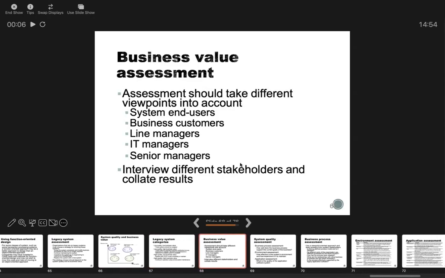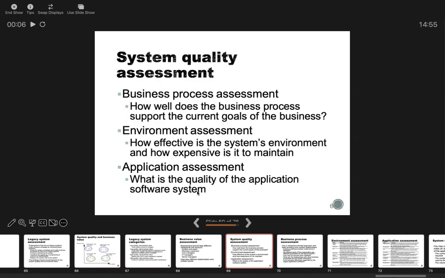So there are some ways we can assess business value. For assessment of business value, we should assess the system end users. We should make some survey of business customers, line managers, and others to assess the business value.